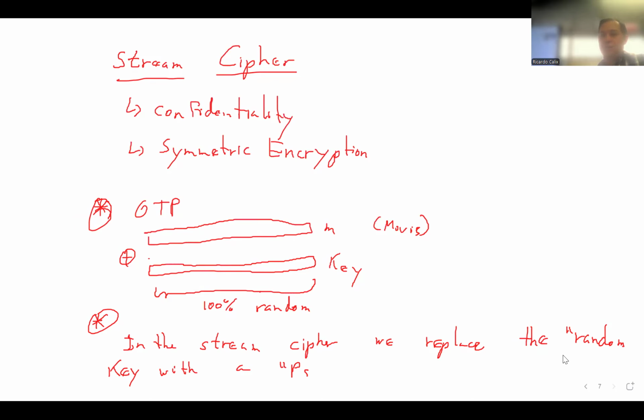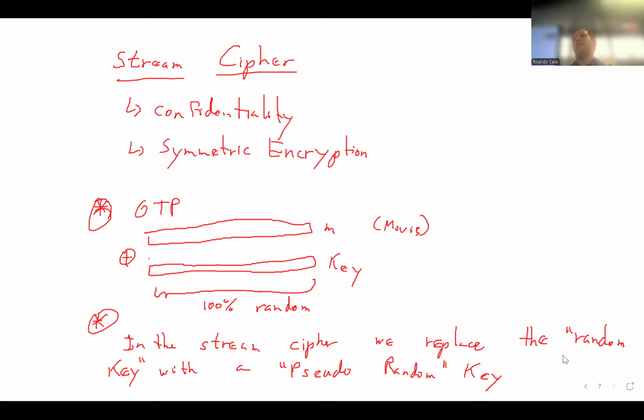So this pseudo-random key is still a sequence of bits. It's still going to be zeros and ones, not a problem. But obviously what we need is, instead of having a way of producing a random key, now we need a way to produce a pseudo-random key.